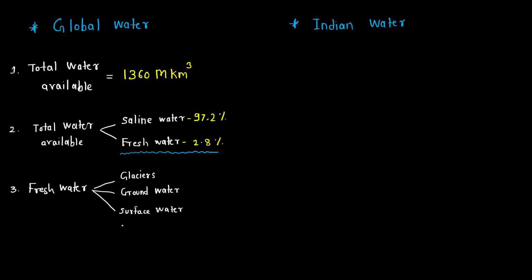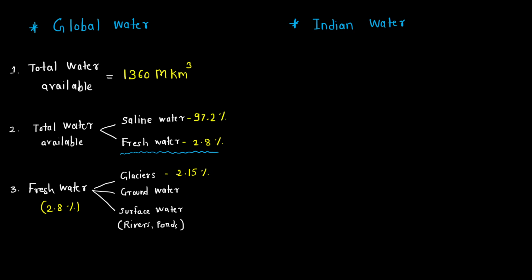In surface water come the rivers, ponds, reservoirs, etc. Now what is the percentage of fresh water? It is 2.8 percentage. From this 2.8 percentage, 2.15 percentage is present in glaciers, that is in the form of snow.